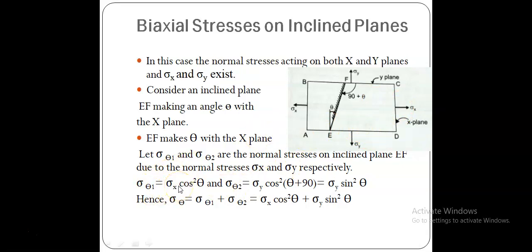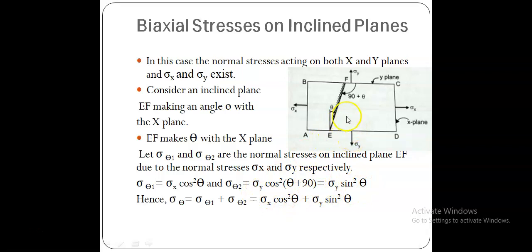Like that, sigma theta 2 is due to sigma y acting on this plane. Here the normal stress is sigma y into cos squared of theta plus 90, and therefore sigma y sine squared theta.